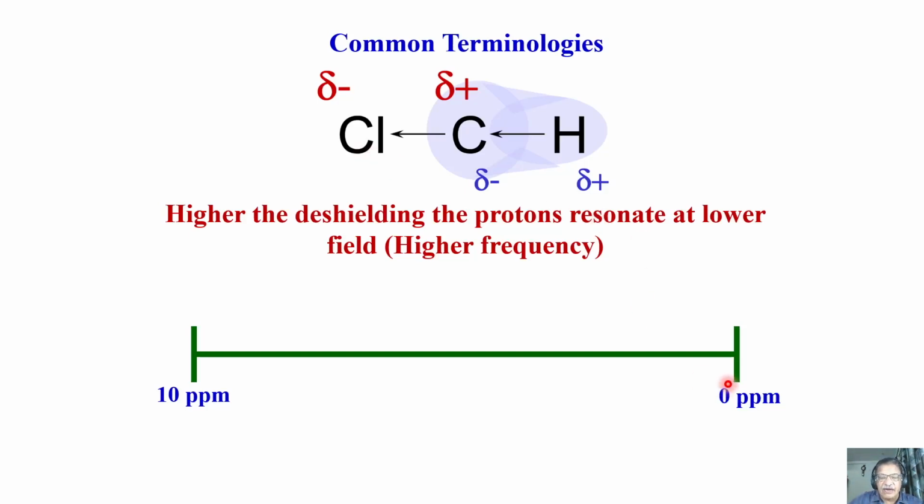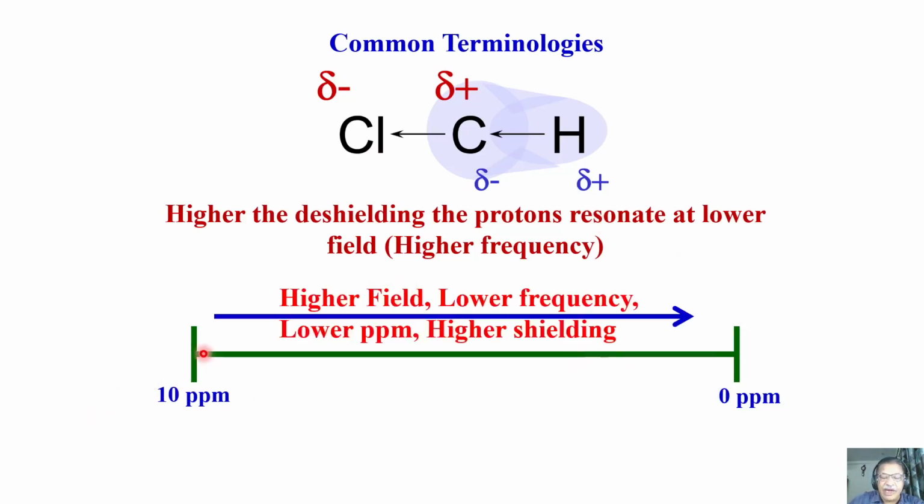This is the scale I have taken from 0 to 10 ppm. Now I go from left to right. Look, there is a spectrum, let's say, which has all the peaks running from 0 to 10 ppm in this range. If I start from the left side of the spectrum and move towards the right side, then the common terminology we use is that we are moving towards higher field.